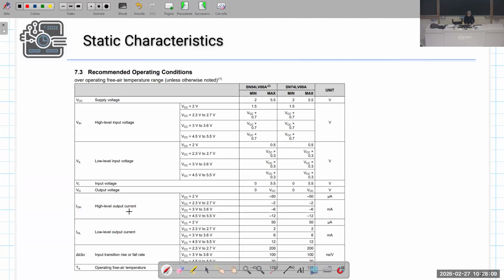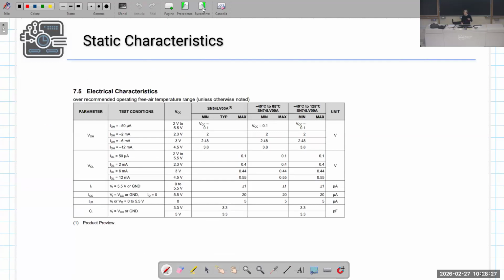Actually, at this point, you can find which is the maximum current that can be sunk or sourced at the high level and at the low level. This is exactly what we have discussed so far.